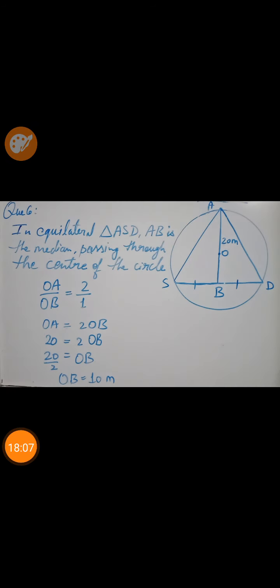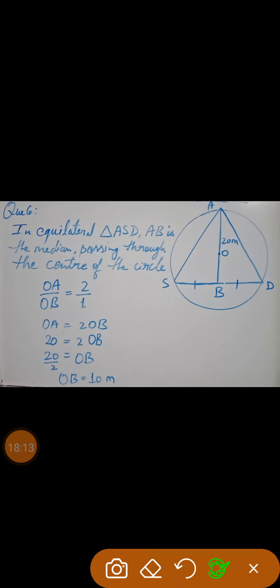In equilateral triangle ASD, we know that all three sides are equal. The distance between each boy is equal, which means this is an equilateral triangle. All three sides are equal. This is a median of the triangle, which is passing through the center of the circle. This is the center of the circle, which means this is the orthocenter.